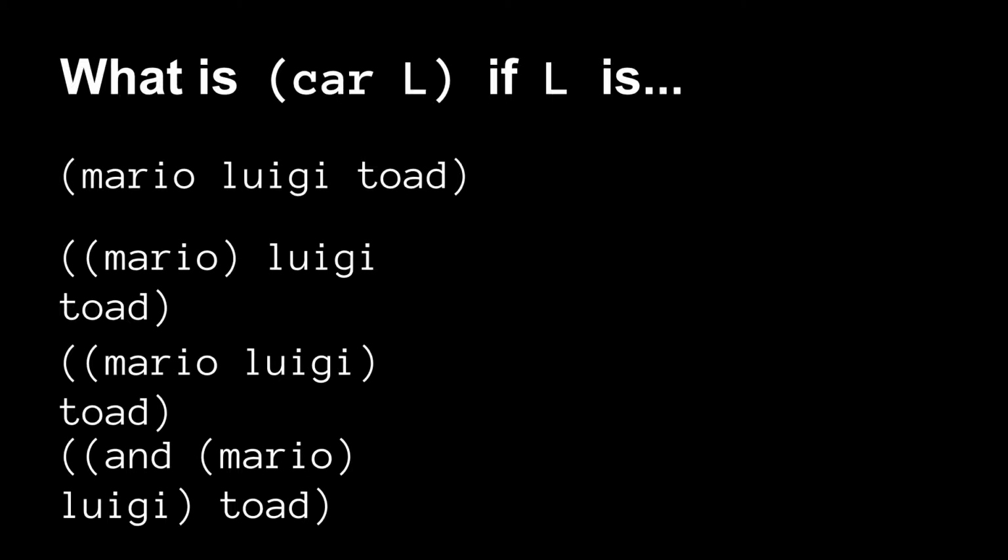The list of Mario, Luigi, and Toad will have the car of L of Mario. So what about the next one? Mario is now encased inside of a list. So what would the output be? Well, it turns out that it's the list of Mario.